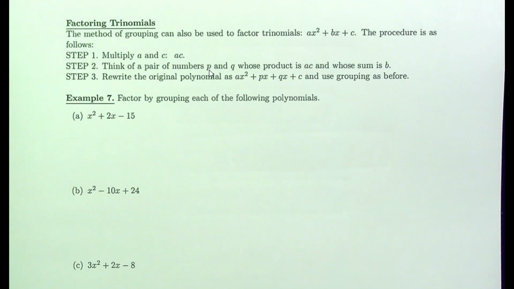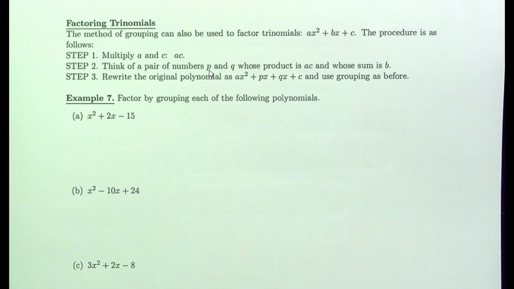So the method of grouping works for polynomials that have exactly 4 terms, as I mentioned before. But we will also want to factor trinomials, meaning polynomials that have 3 terms. And what we do then is we cannot really use the method of grouping directly.